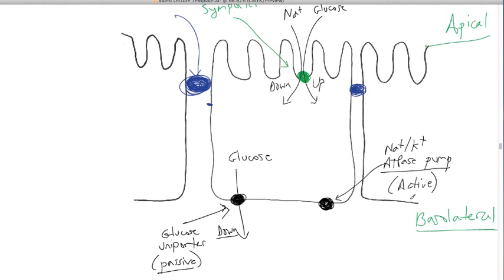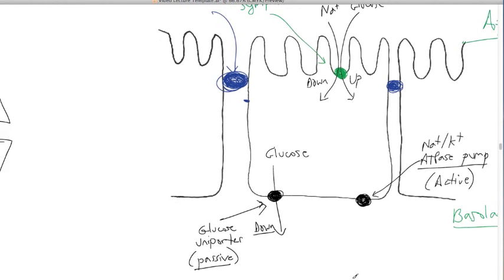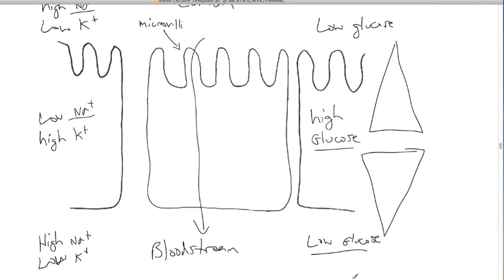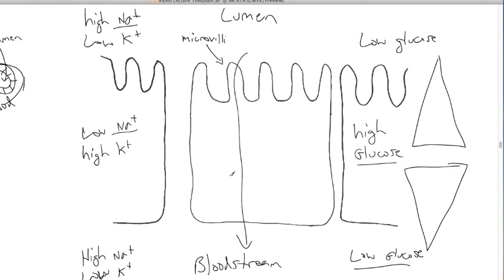And so what it does is it actually moves both sodium and potassium against their concentration gradients. So if you go back to our cell gradients, you made notes that there's high sodium on the outside and low on the inside, and there's high potassium on the inside and low potassium on the outside.